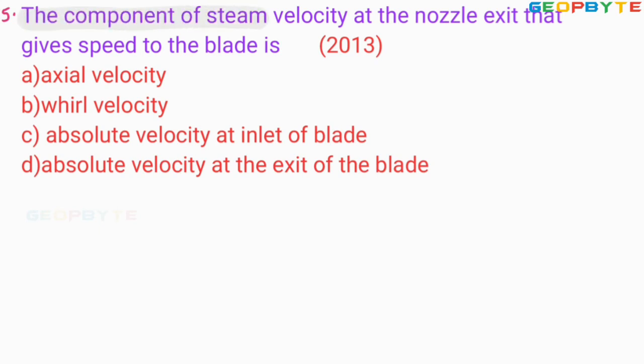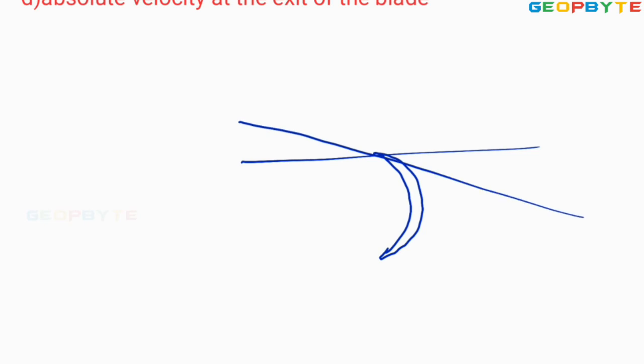The component of steam velocity at the nozzle exit that gives speed to the blade is, it is like this. If I take the blade of the turbine with respect to horizontal, assume the steam is made to enter in this direction.